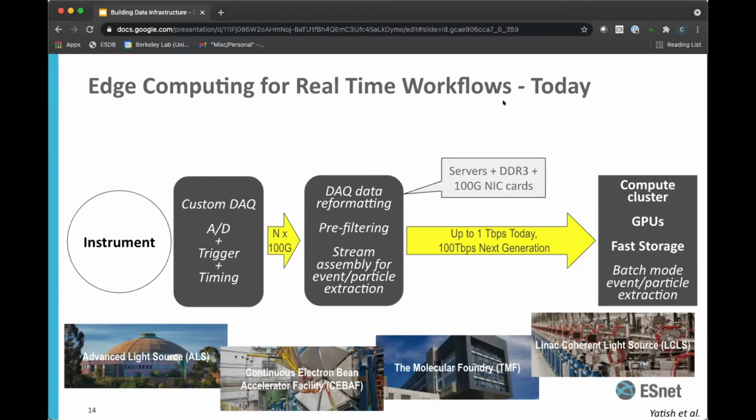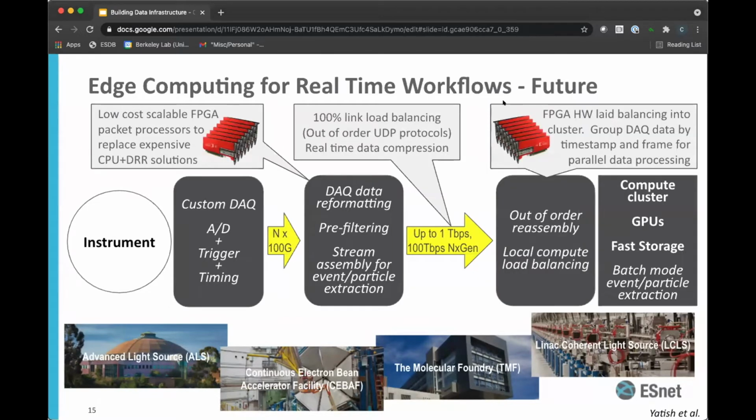There's a very specific set of functions that you want it to do. So what we've been looking at is to change that out and say, why don't we use FPGAs instead, right? They're dedicated systems, they're reasonably flexible. You need to have the expertise to develop the right coding blocks. But generally, once they're done, it's a highly efficient system, and it's low cost and scalable. So that is one area that we're exploring right now.